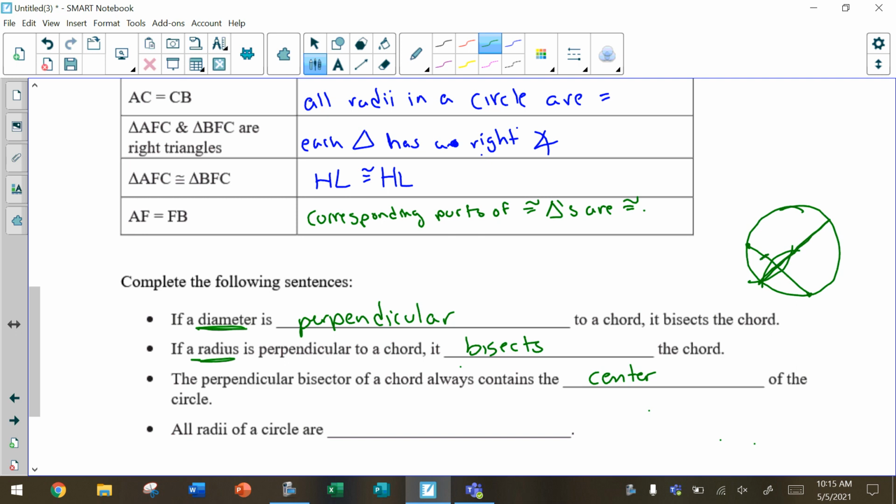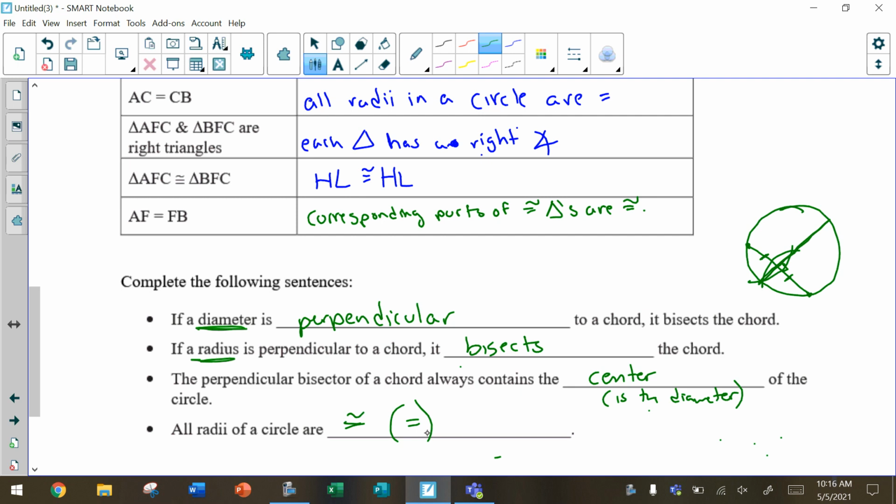Because this is going to be the same as this. That's going to be the diameter, or a diameter of the circle. So the perpendicular bisector of a chord always contains the center of the circle, because the perpendicular bisector of the chord is the diameter, or a diameter, because there's many diameters you can draw. All radii of a circle are congruent or equal, whatever word you want to say there.